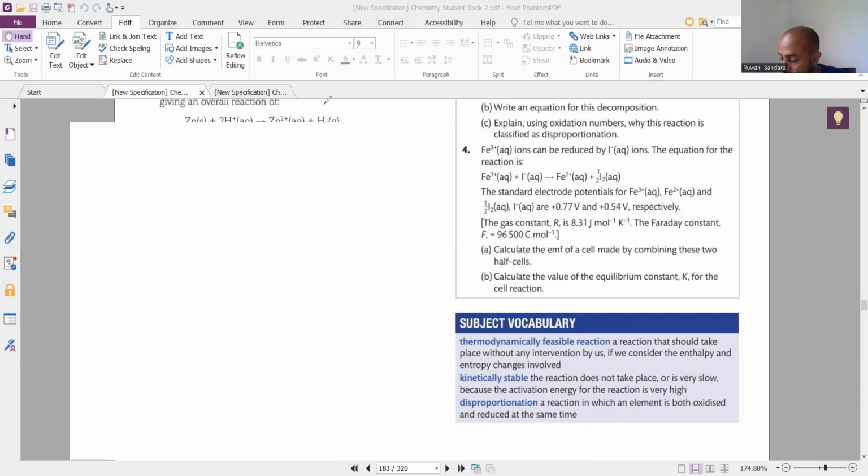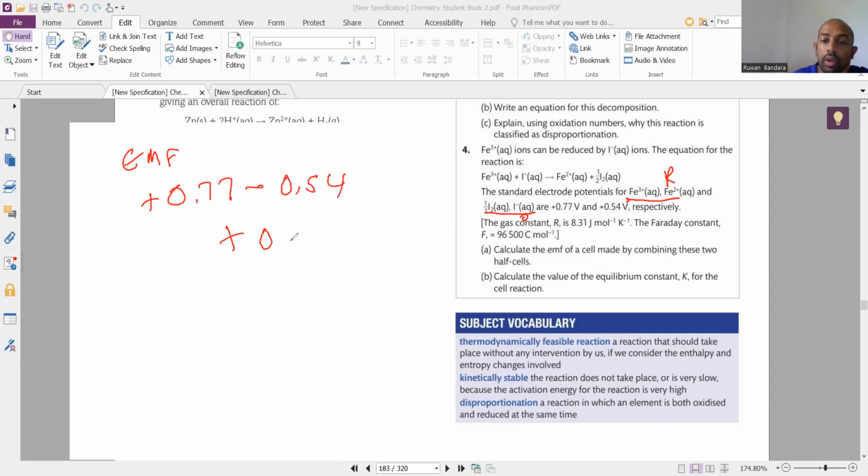Kaushika, tell me the answer to part A. EMF. You can see this one is going to reduce and this one is going to oxidize. So reduction minus oxidation: plus 0.77 minus 0.54. Answer is plus 0.23.